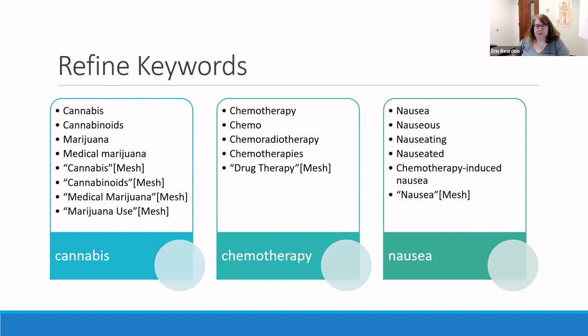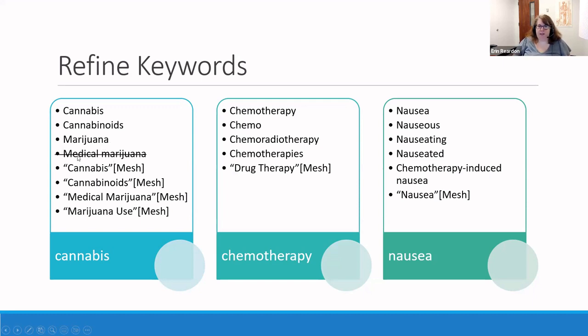So the next thing that we would do is kind of refine these keywords. So this is when we could bring in some of those building blocks and see if we can make this a little bit easier on ourselves. So the first thing that we're going to do is see if we can get rid of some of these words. So I'm going to get rid of the phrase medical marijuana because I'm looking for the word marijuana.